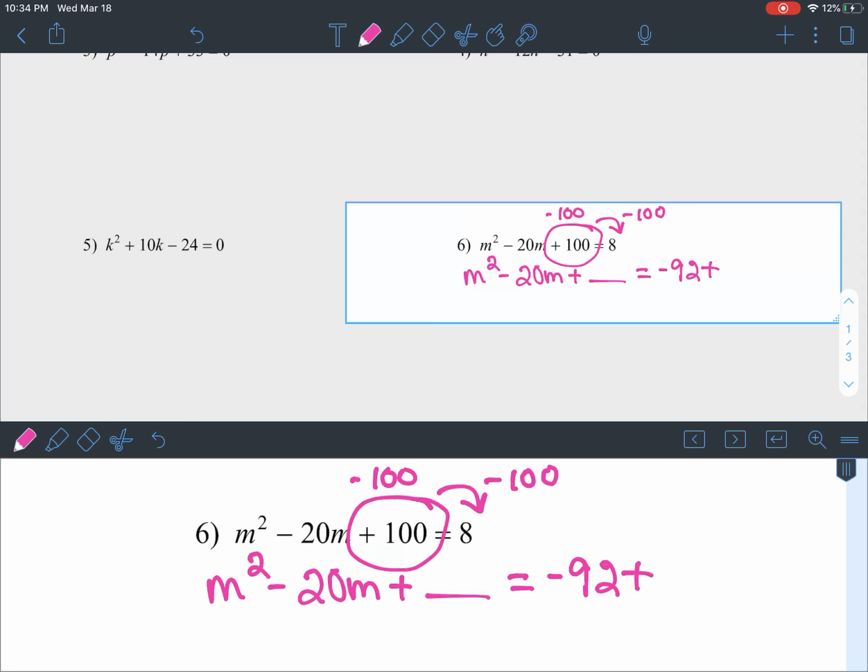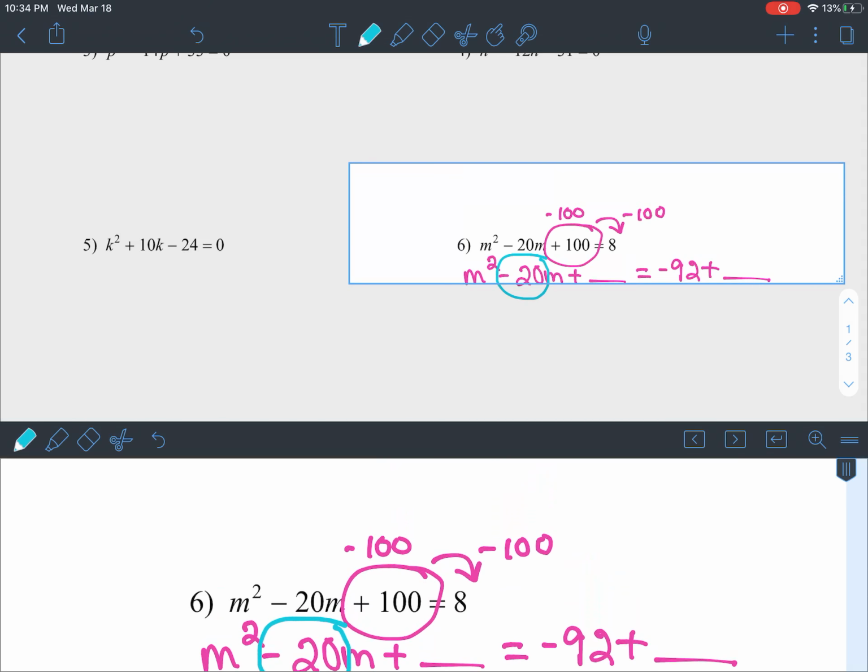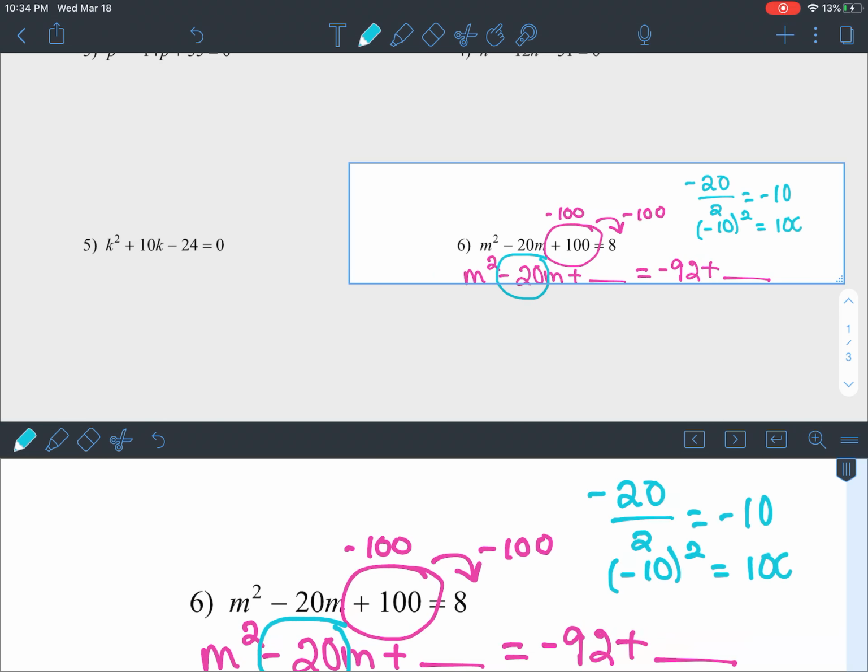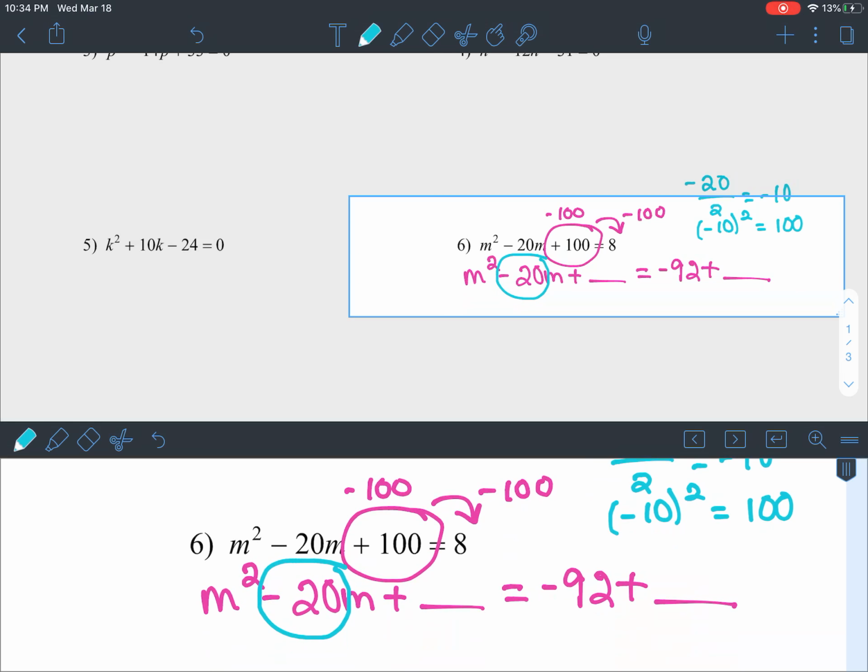So when I do 8 minus 100, I get negative 92. And again, whatever I do on the right side, I have to do to the left, so that's why I left that blank there. And then once again, we're going to identify our b, and we're going to do b divided by 2, which is negative 10. And then we're going to square that number to get positive 100.